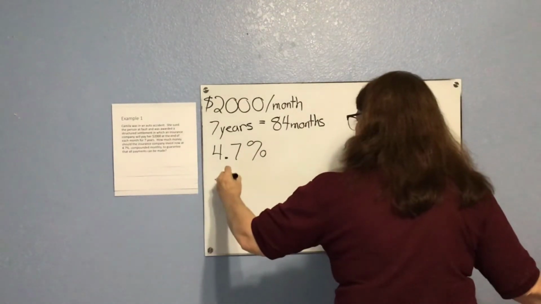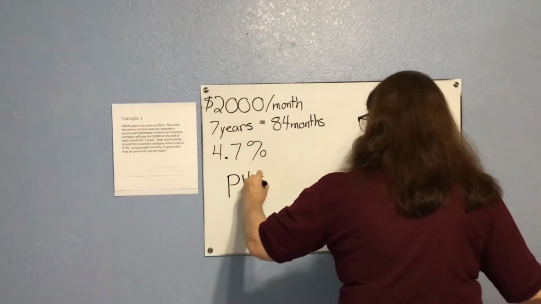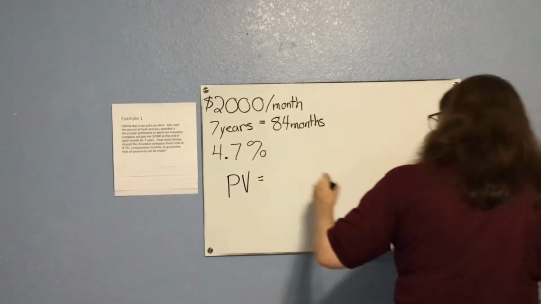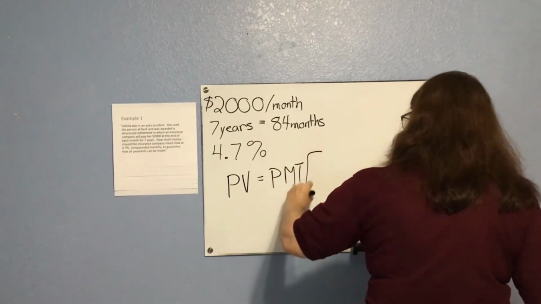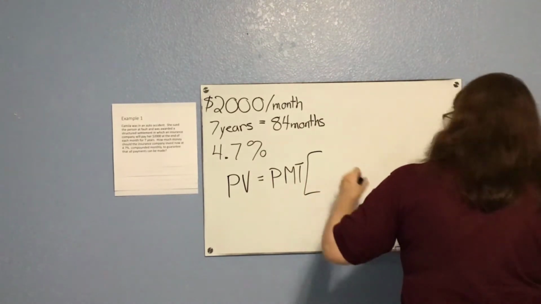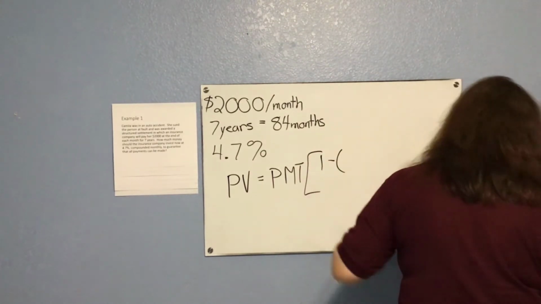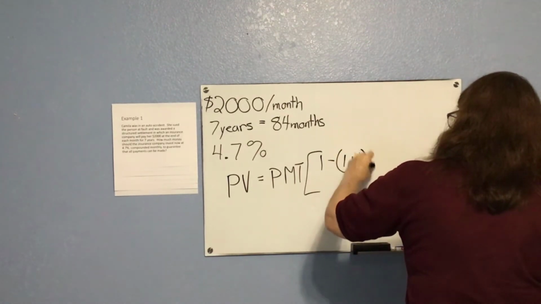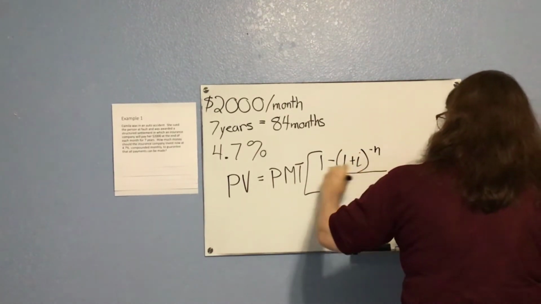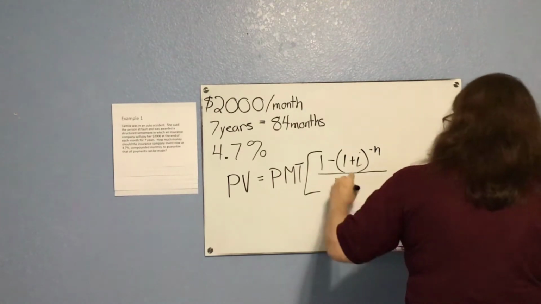So we're going to look first at the present value, which is equal to PMT, payment, times (1 minus (1 plus i) to the negative n) over i.